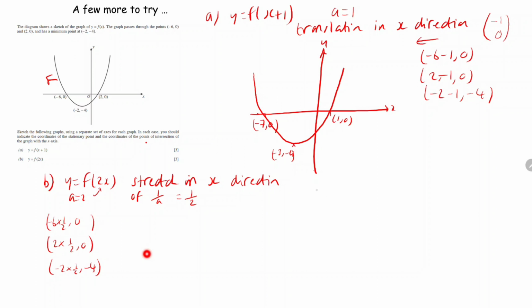And then we can sketch where these are going to be. So we draw a new set of axes. Minus 6 times by half is minus 3. So minus 3 and 0. Then 2 times by half is 1, 0. And then minus 2 times by half is minus 1, and minus 4.